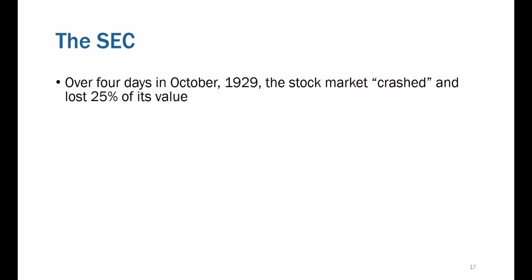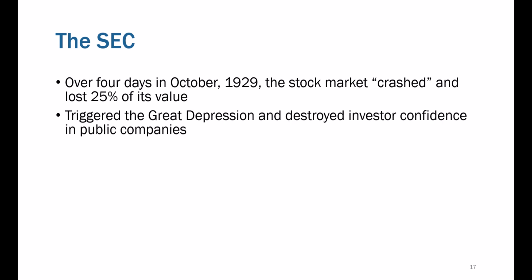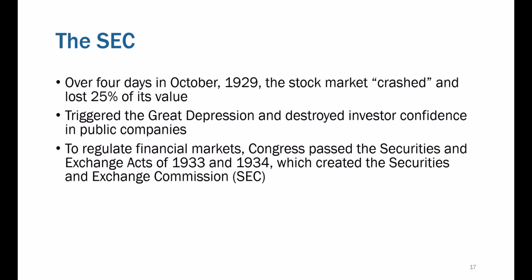Now, the SEC, government regulators. Over 4 days in October in 1929, the stock market crashed, and it lost 25% of its value in just 4 days. It triggered the Great Depression, and investors no longer had confidence in public companies. That's a big problem, because if investment dries up, the economy grinds to a halt.